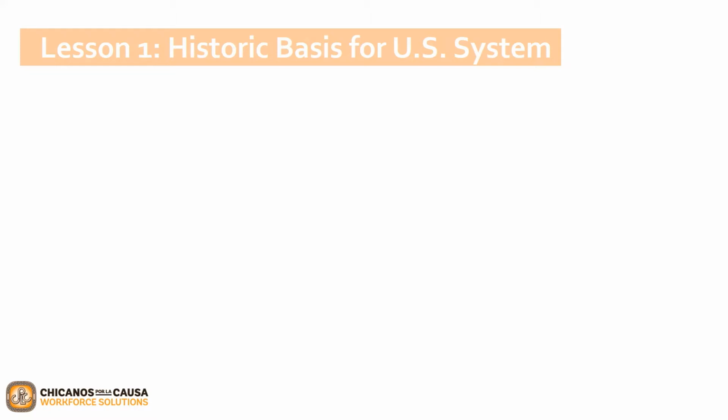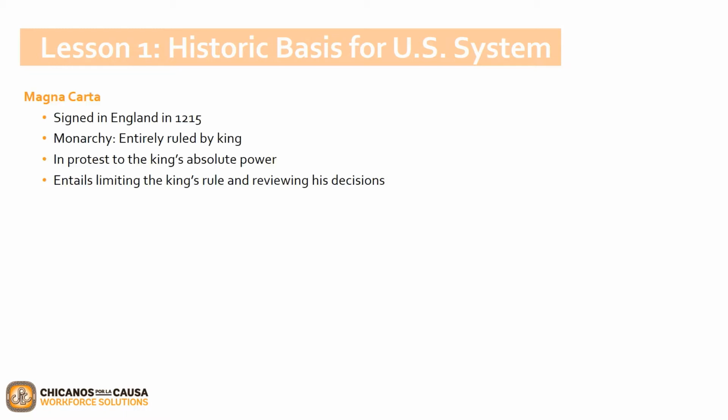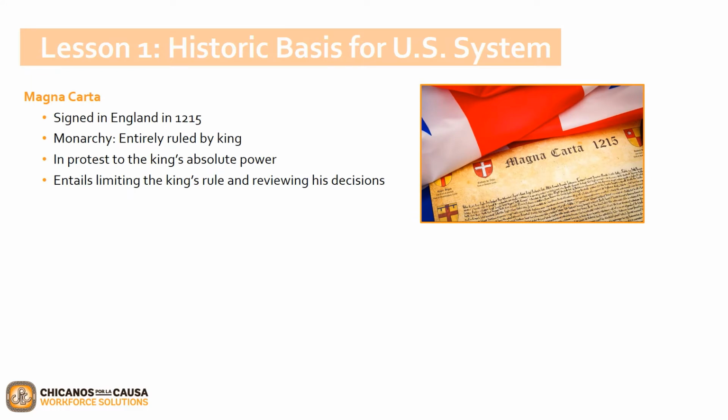The people of England were losing faith in their government because they thought their monarch rulers did not receive any oversight in the laws they passed. Then, in 1215, a document called the Magna Carta was signed, which limited the king's or queen's rule and reviewed all decisions they made. The Magna Carta also prevented the king and queen from having absolute power.